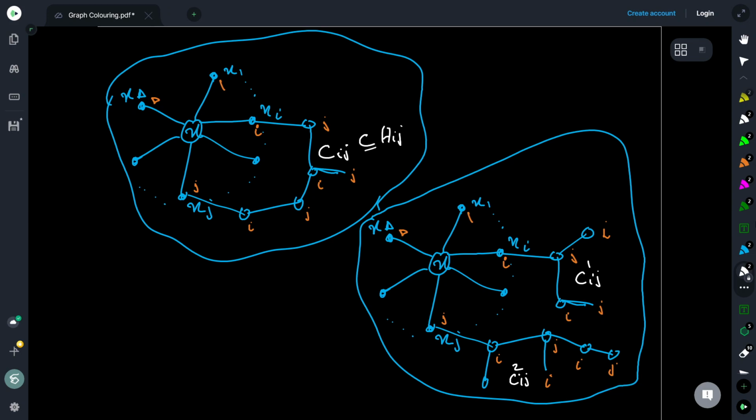Now let us look at how the subgraph induced by these two colors is going to look, at least some part of it. I know that in the neighborhood of the vertex x, all the colors appear.